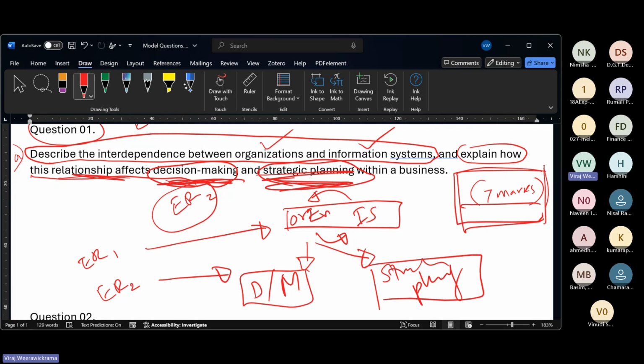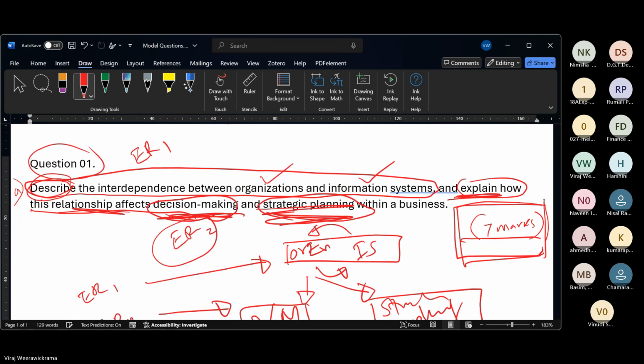Now, I think you have an idea about the action verbs as well. The first one is describe, and the second one you can see here is explain. For chartered exams also, you are given that vocabulary. Based on each and every action verb, you have to plan your answer, because there is a meaning to each action verb. Sometimes you may have heard of Bloom's taxonomy.